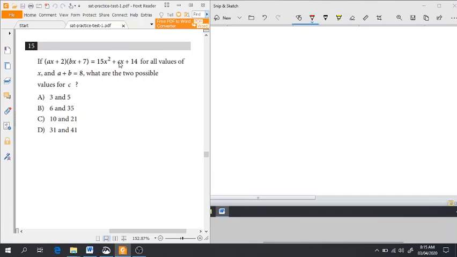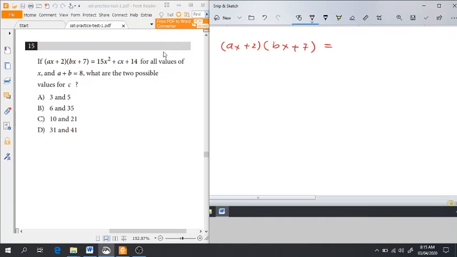Let's simplify, use the distributive property to simplify the first term. Let me write it in the same way as it is: (ax + 2) times (bx + 7). They are saying this is 15x² + cx + 14.